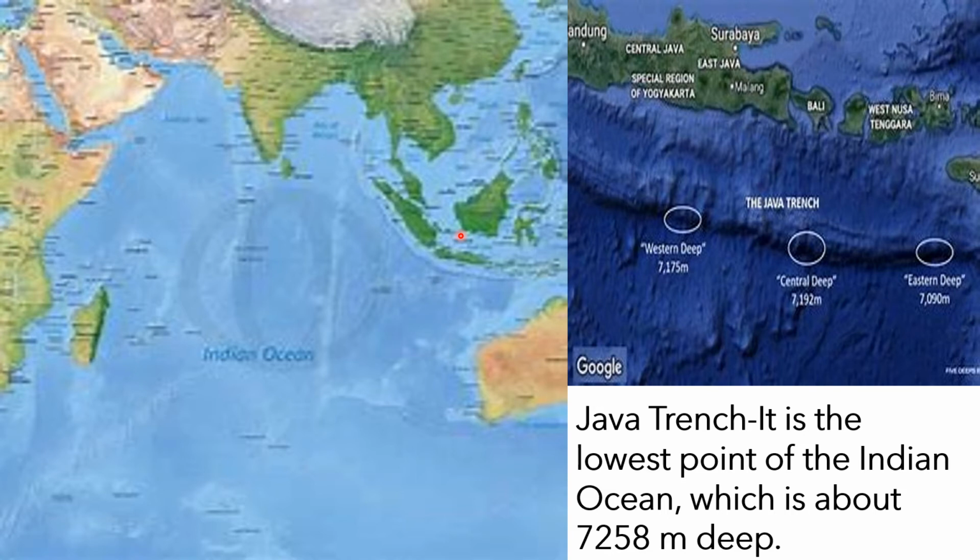The important seas of this ocean are Persian Gulf, this is Persian Gulf here, then the Red Sea here, the Andaman Sea here, Arabian Sea, Bay of Bengal, Gulf of Aden, Gulf of Oman, and Java Sea, Mozambique Channel, the Strait of Malacca between Indonesia and Sumatra.